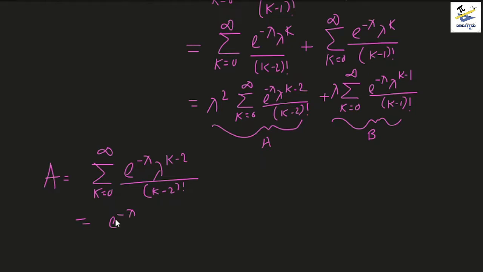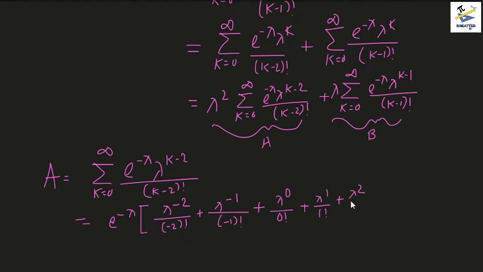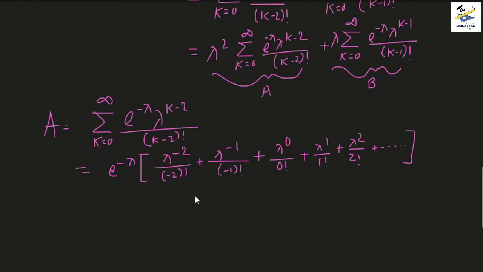Expanding, we obviously have e to the power minus lambda common, and inside you can see the series is something like this, and so on. Now obviously, as I have already told you, negative factorials in the denominators means the whole thing is 0, so the first two terms here would be 0, right?